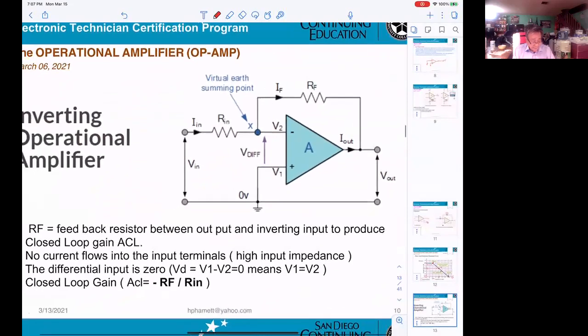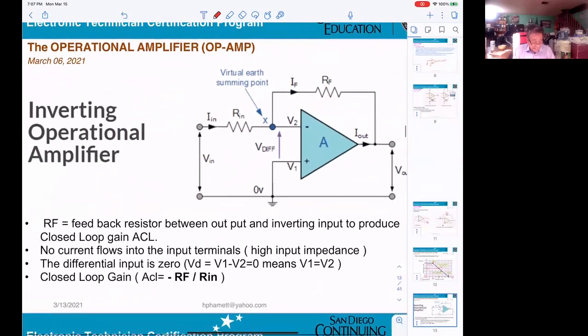Now, the first one, the inverting operational amplifier. It's not too different from the other amplifier. On this op-amp, they connect RF. RF is called a feedback resistor.